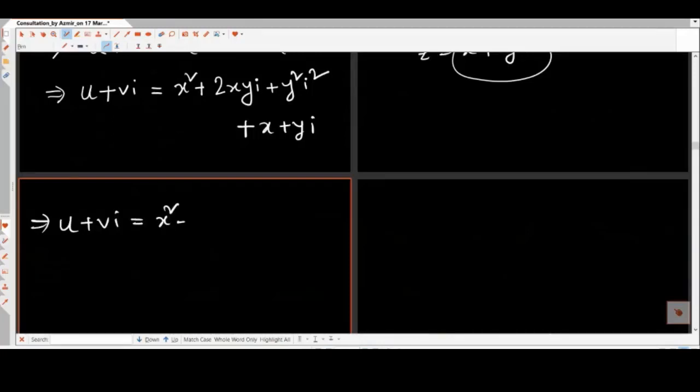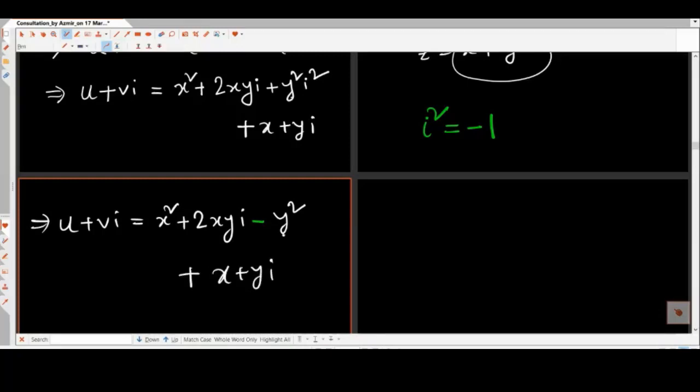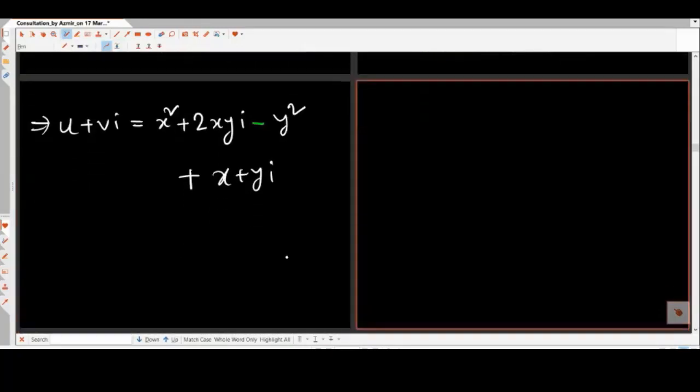So x squared plus 2xyi. We have y squared i squared. So we know that i squared is negative 1. So we can write negative y squared plus x plus yi.